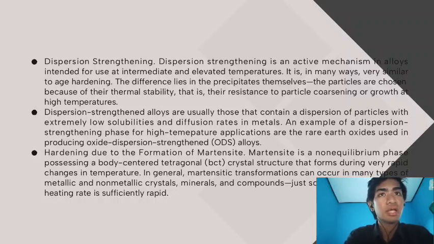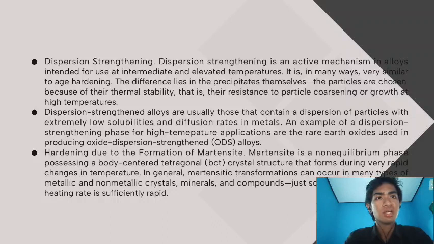The particles are chosen because of their thermal stability, that is, their resistance to particle coarsening or growth at high temperature. In contrast, the age hardening aluminum alloy consists of precipitates that are not particularly thermally stable.